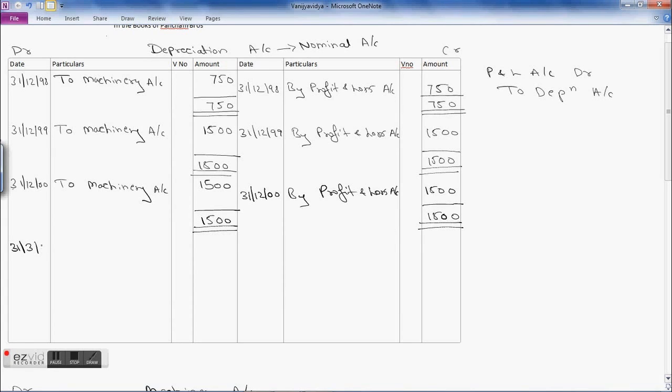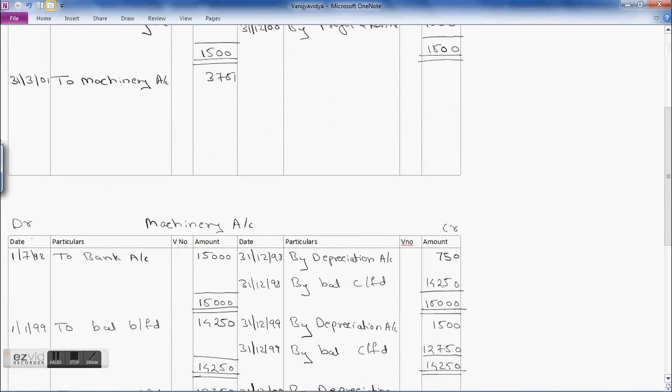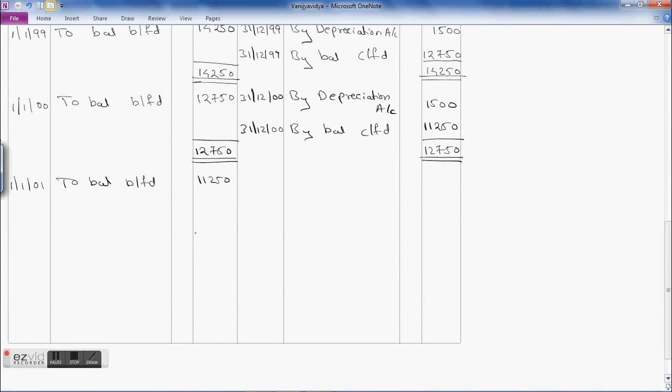Remember the date here is 31st March since the machinery is sold, to machinery account. How much is the amount? 375. And the second effect will be given on the credit side of machinery account, 31st March 2001 by depreciation account. Amount is how much? 375, right?